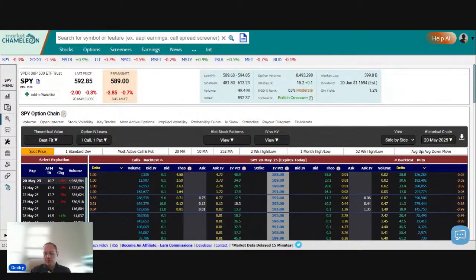And for our purposes, what we want to do is look after we create a ratio put spread. We want to see how does time decay impact it, and how sensitive is the strategy to changes in implied volatility.